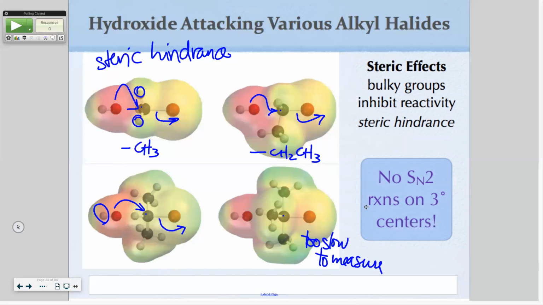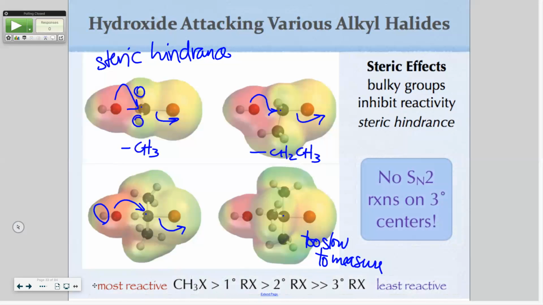And here's the reactivity of just the alkyl halides: methyl, then primary, then secondary, then tertiary. Tertiary is least reactive. Methyl is most reactive. So we're going from most to least.